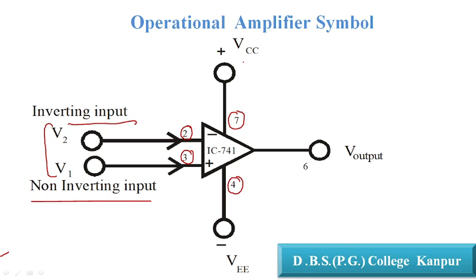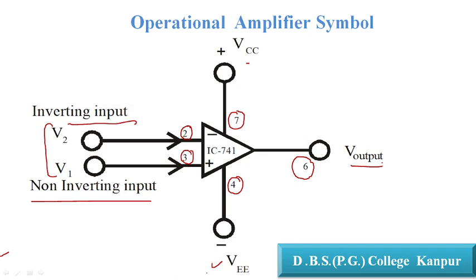The positive voltage applied is called VCC, and the negative voltage is called minus VEE. The same voltage level is required for plus VCC and minus VEE. Most operational amplifier ICs work with different voltages, from plus minus 9 volts to plus minus 15 volts. Pin number 6 provides the output.